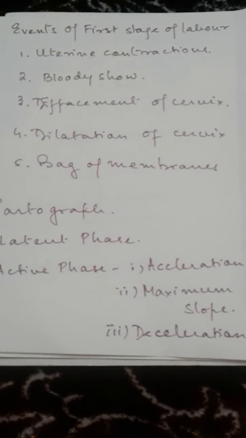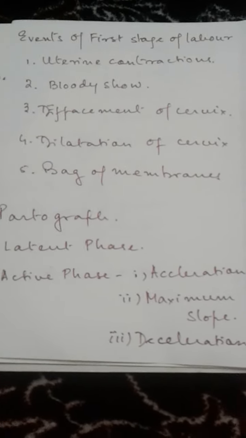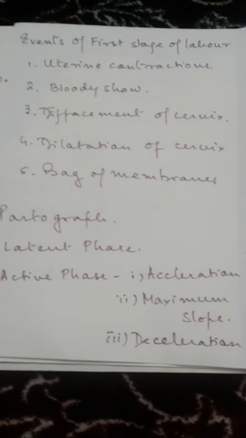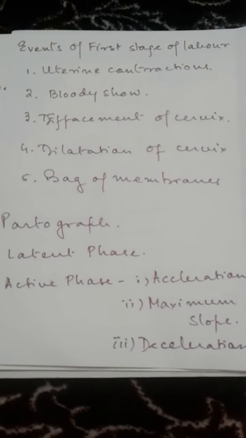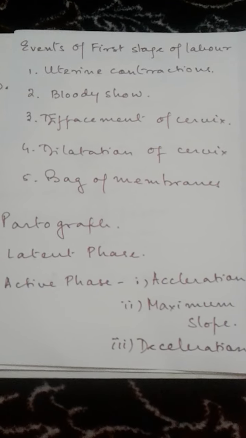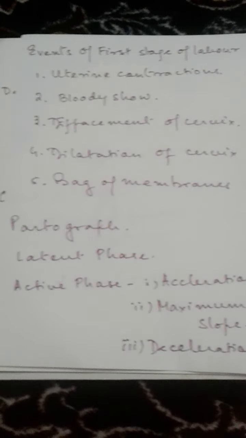In multigravida, dilatation and effacement occur simultaneously, and thus it occurs rapidly. Now, formation of the bag of waters. The presenting part causes the forewaters to bulge in the form of a bag, and this ball valve action helps in the progress of labor. The hydrostatic action of the bag of membranes is found to be effective in progress of labor.